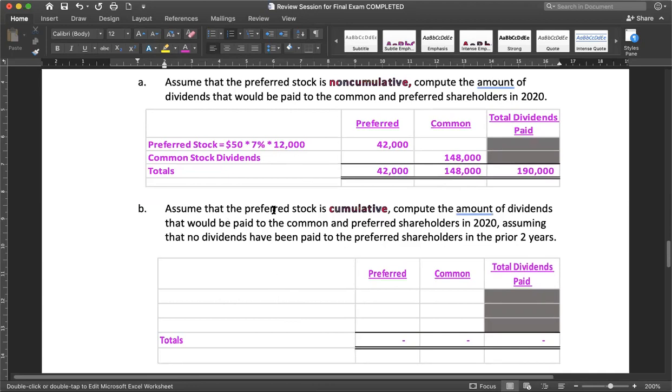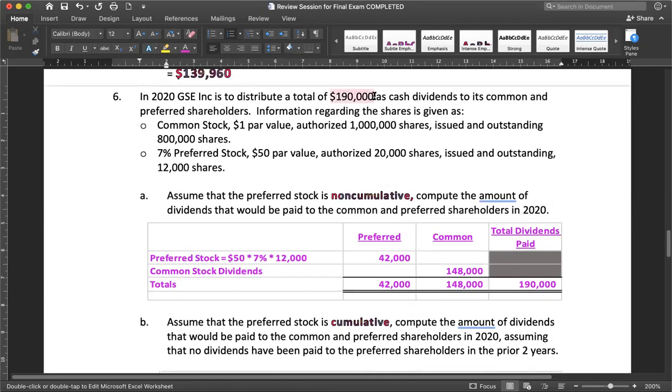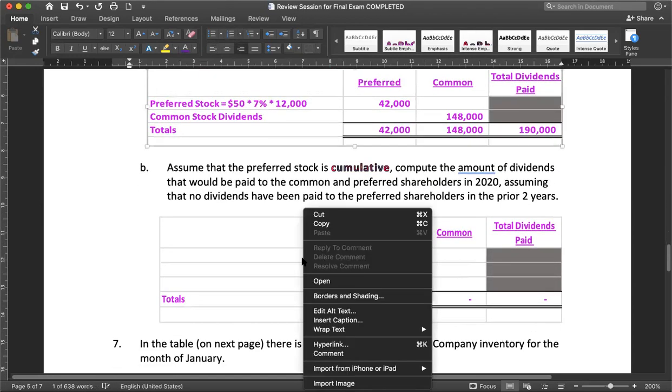Okay, so note here that we assume that the preferred stock is cumulative. We want to compute the amount of dividends that are going to be paid to the common and the preferred shareholders, assuming that no dividends have been paid to the preferred shareholders in the prior 2 years. And again, the total dividend that's being distributed is $190,000.